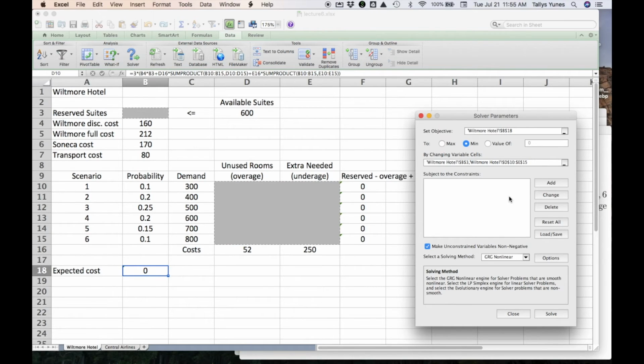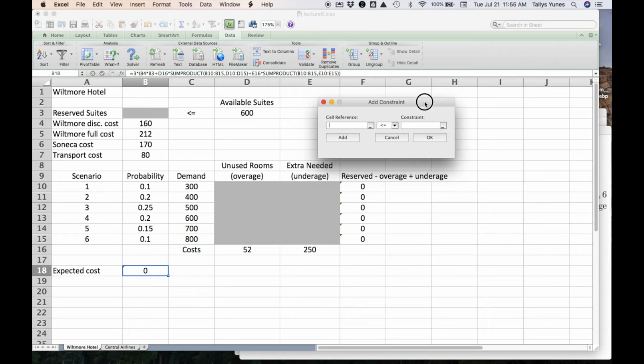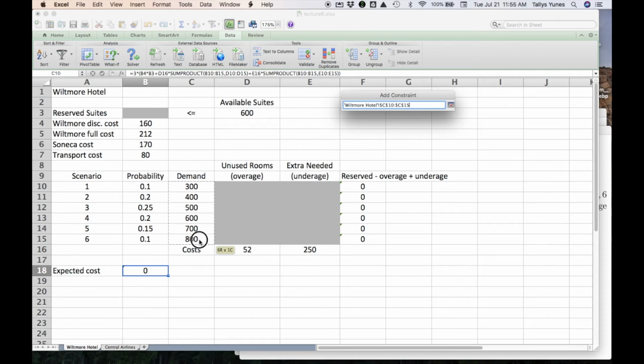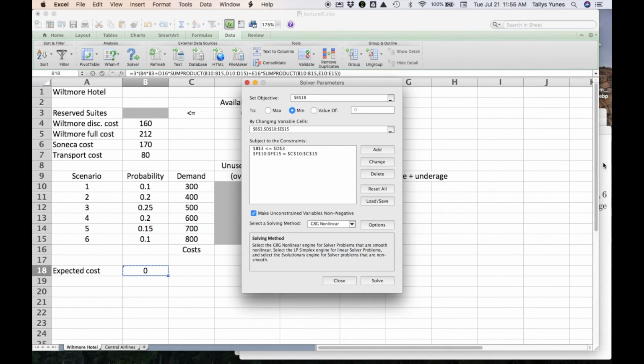Okay. And then constraint-wise, today's constraint is essentially that what you book is at the most how many suites are available. And tomorrow's constraints are 1 per scenario in this case, and they just say the R plus O minus U, right? They have to equal the demands, or aka number of people showing up in each scenario, like we have here, right?